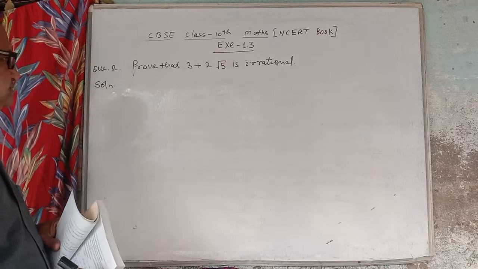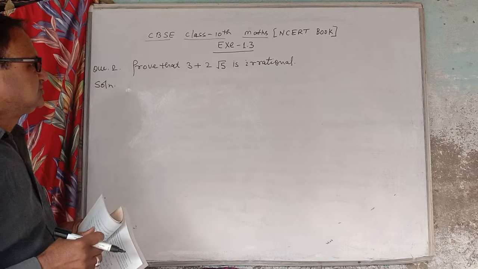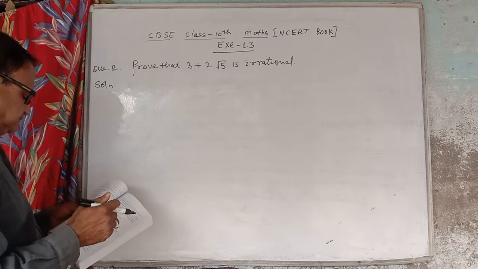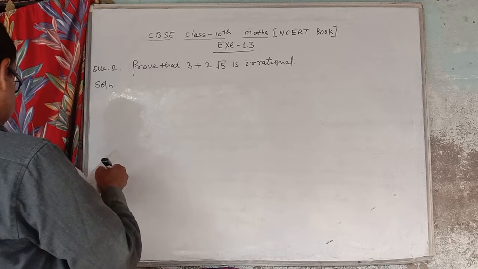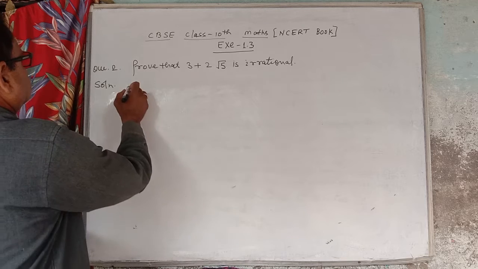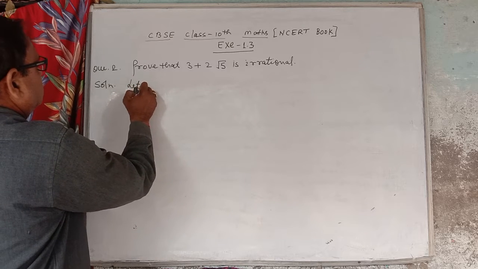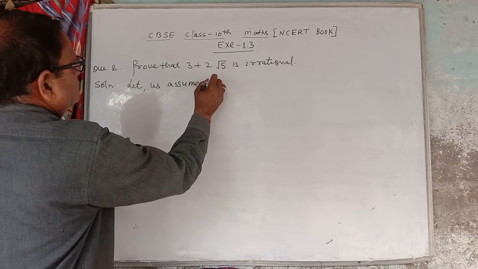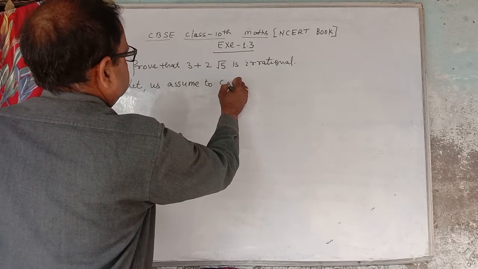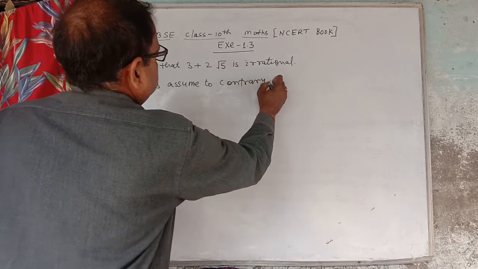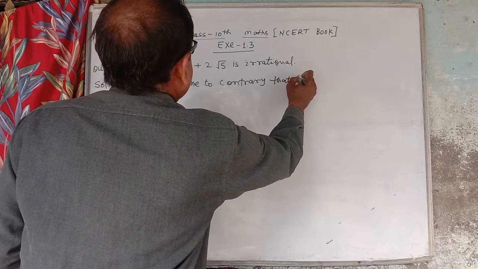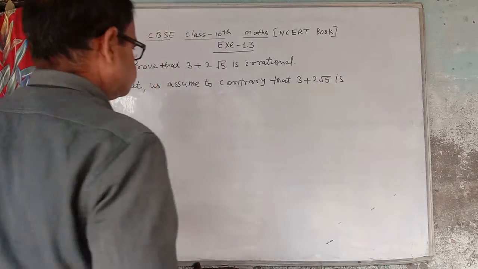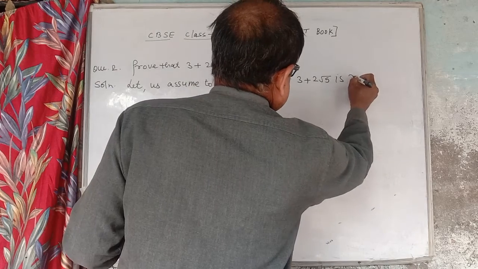Now, question number 2 is to prove that 3 plus 2 root 5 is irrational. Solution. Let us assume to the contrary that 3 plus 2 root 5 is rational.